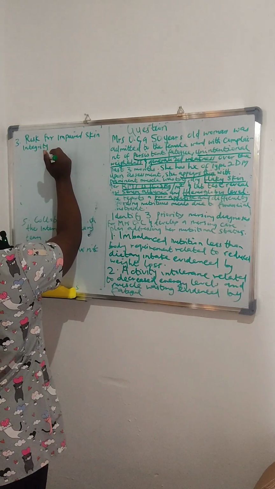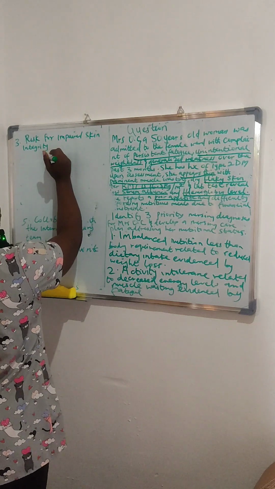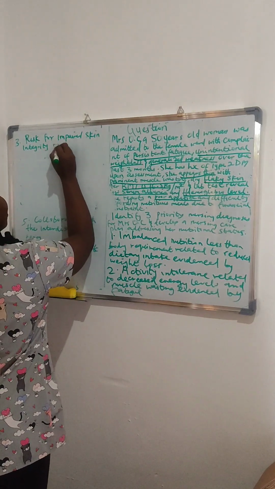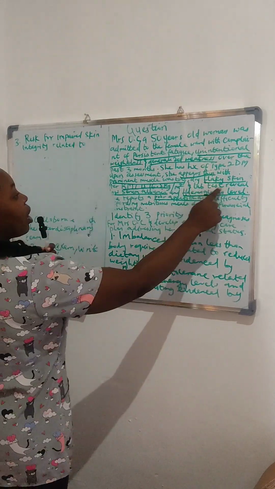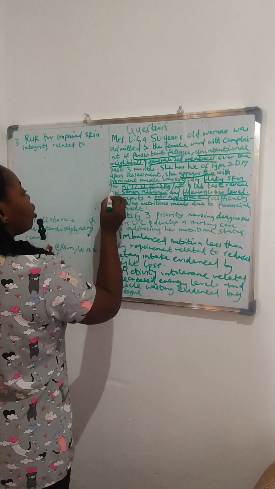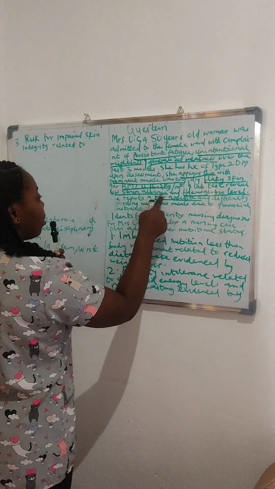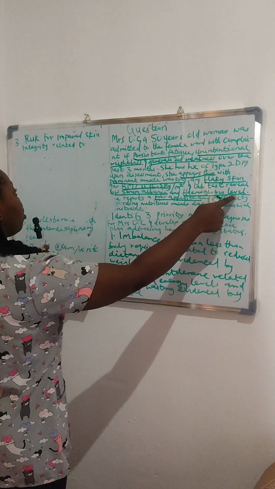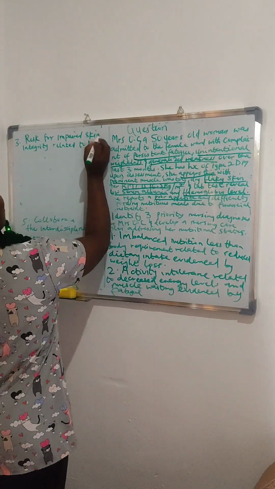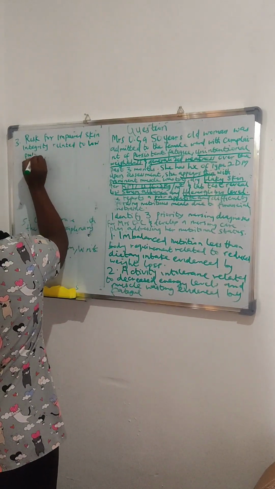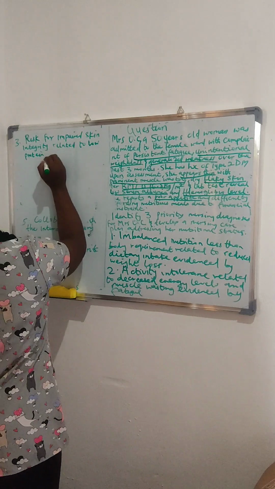So we have risk for impaired skin integrity related to low protein intake and poor tissue perfusion, because the lab test reads that the patient has low serum albumin and hemoglobin. You see it?